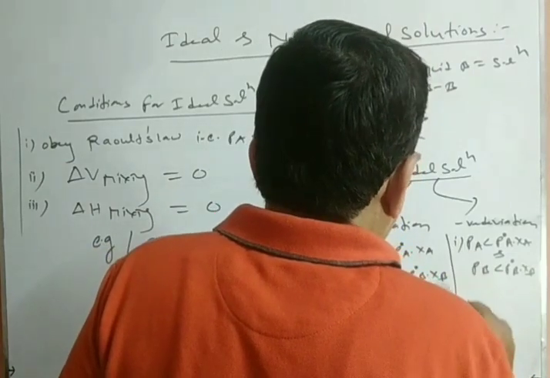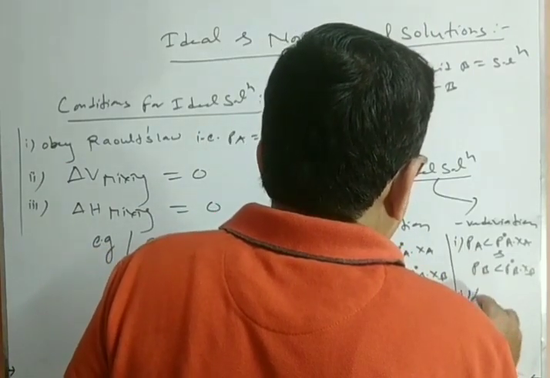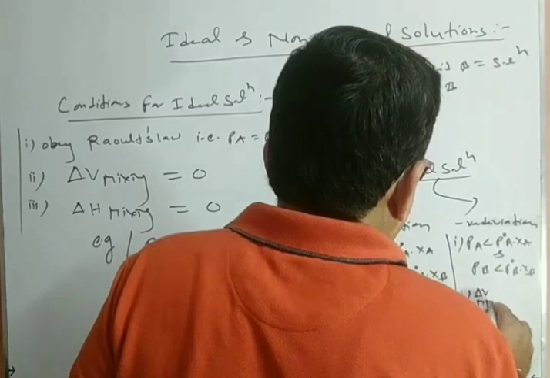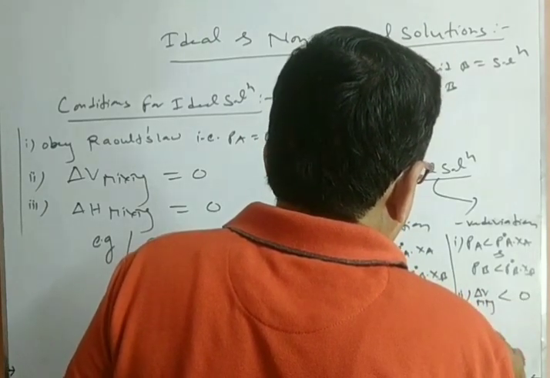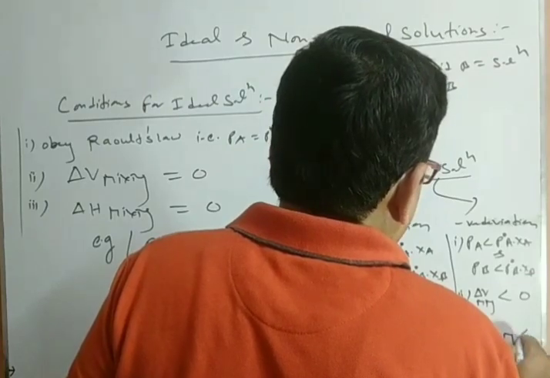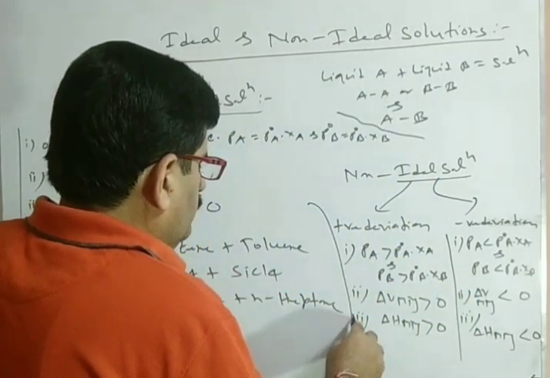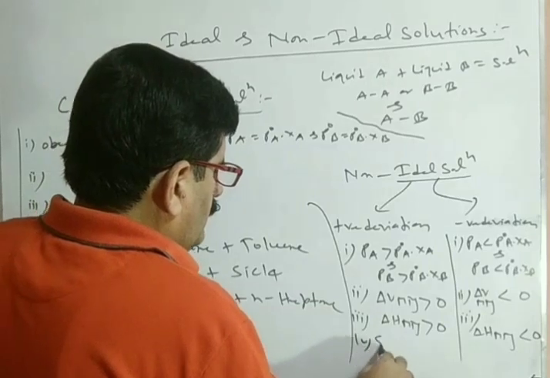In this way, for negative deviation, delta V mixing less than 0 and delta H mixing less than 0.